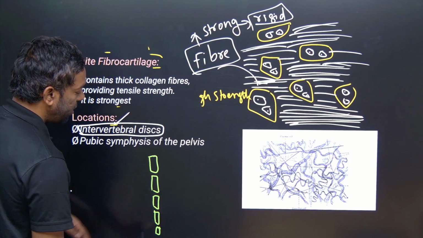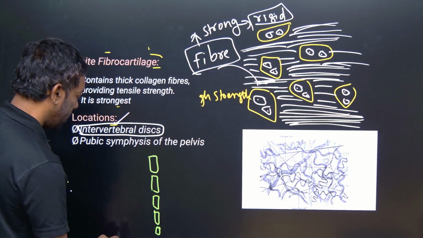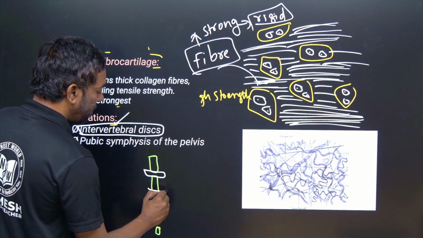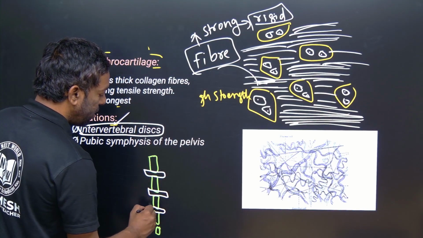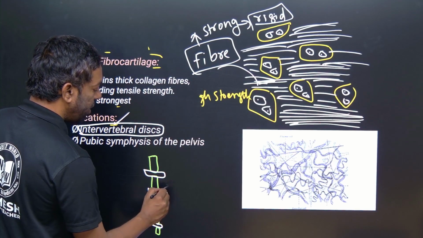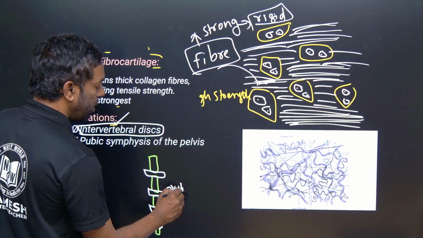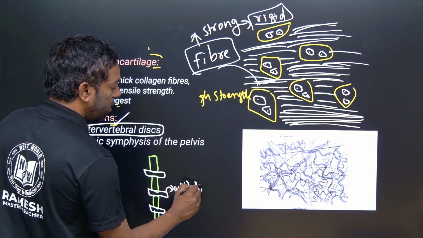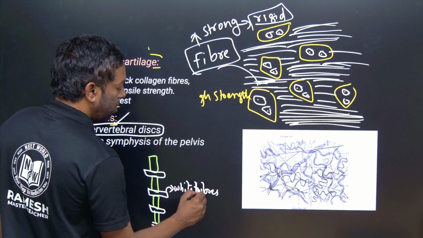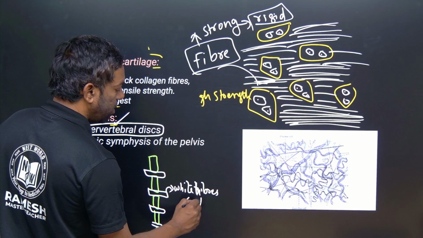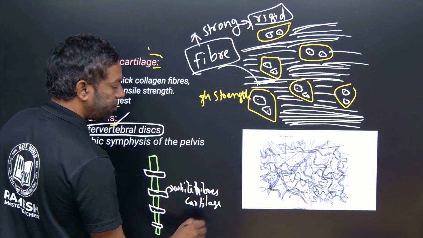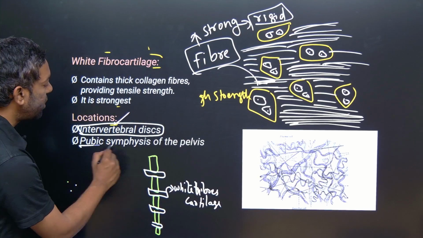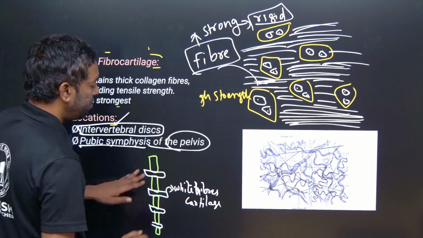This is the vertebrae. Supporting the vertebrae, it is white fibrous cartilage. And also the pubic symphysis of the pelvic girdle.